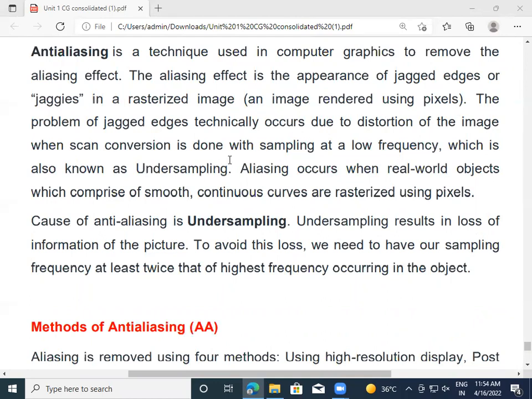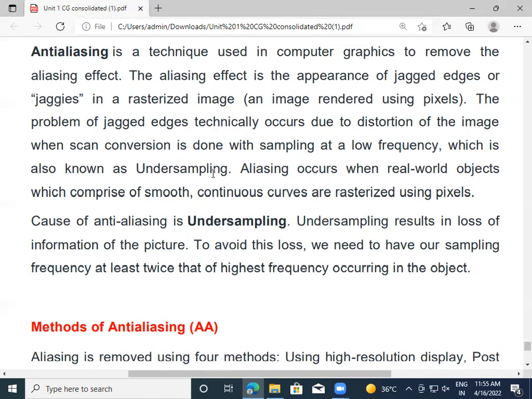The problem of jagged edges technically occurs due to distortions of the image when scan conversion is done with sampling at low frequency, which is also known as undersampling.